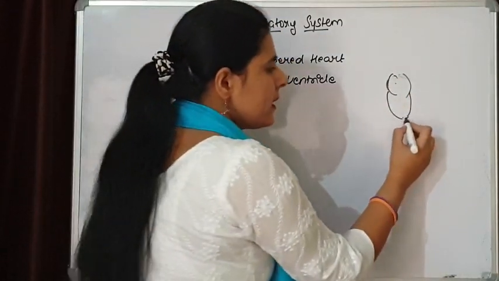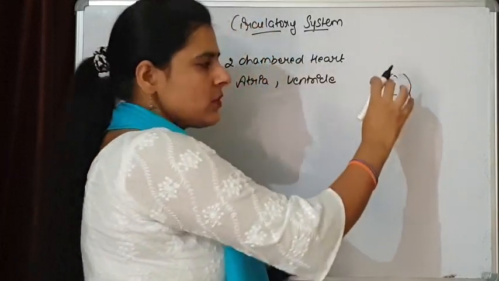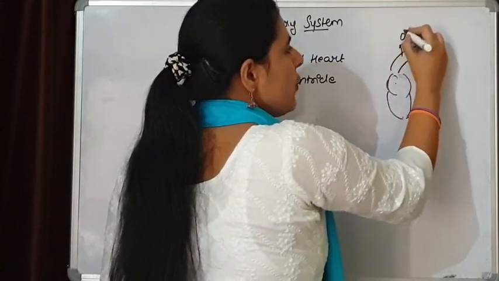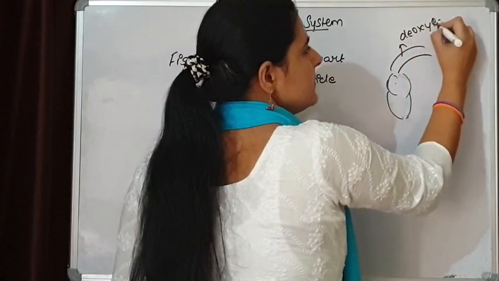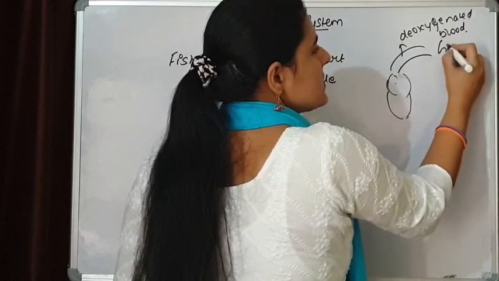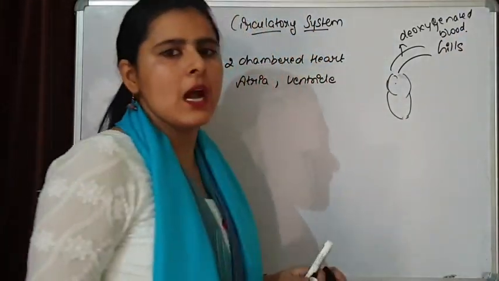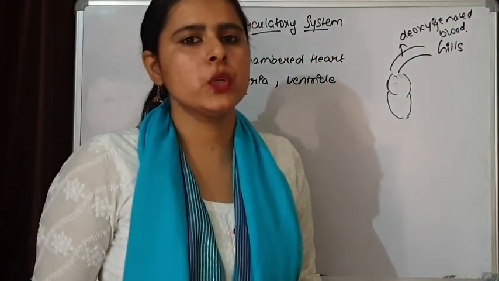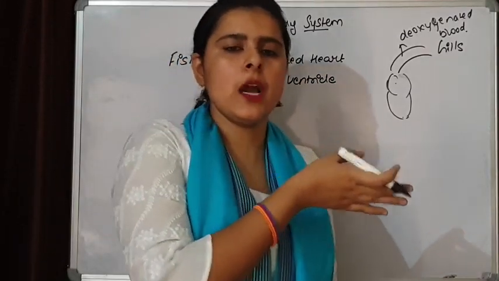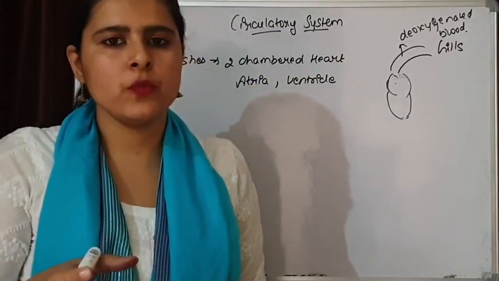In the ventricle, mixing of blood is taking place, oxygenated and deoxygenated blood. The heart is going to pump deoxygenated blood, and this deoxygenated blood goes to gills, and gills are going to convert this blood into oxygenated blood. From the gills the carbon dioxide will be separated out and oxygen will be mixed up with the blood.